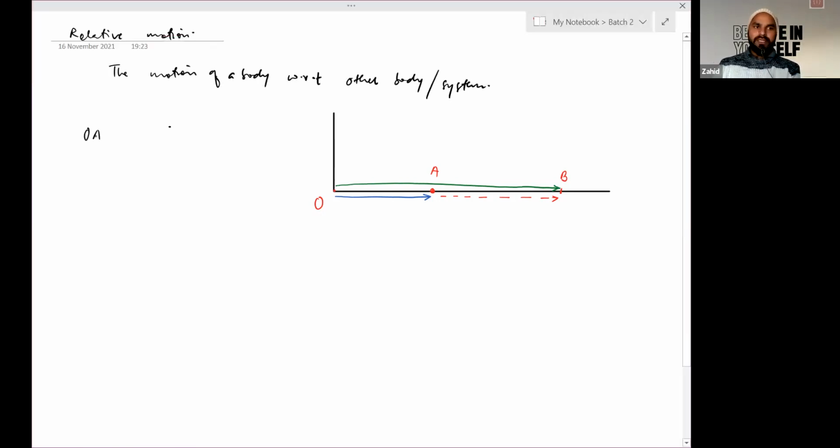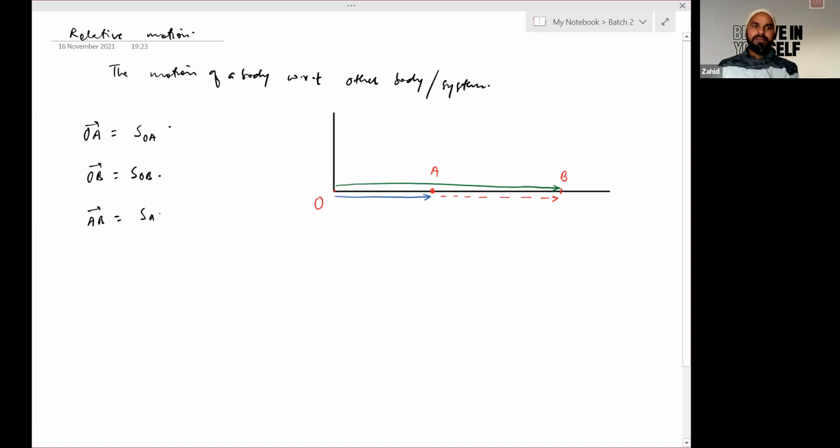Vector OA is equal to the displacement from O to A. Similarly, from O to B, it will define the displacement from O to B, and we have to relate A to B only.